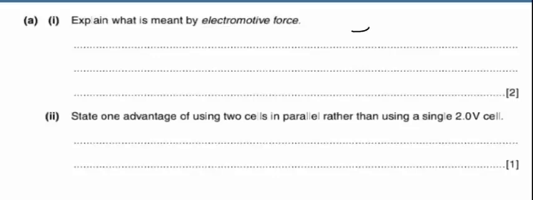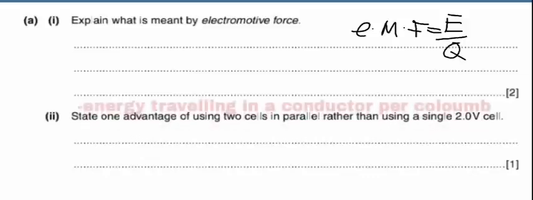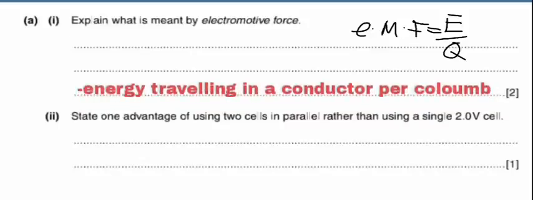So I'm going to say EMF is equal to energy divided by charge. To say electromotive force is the energy produced in a conductor per coulomb. The energy produced in a conductor per coulomb. That is the definition for electromotive force.